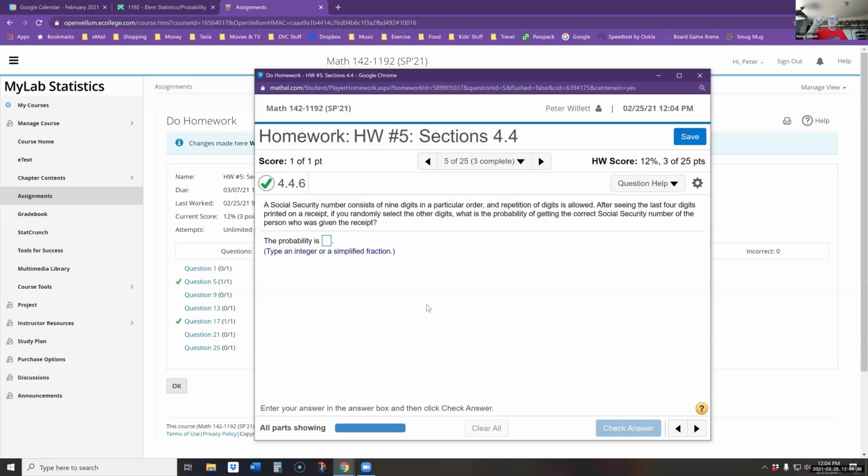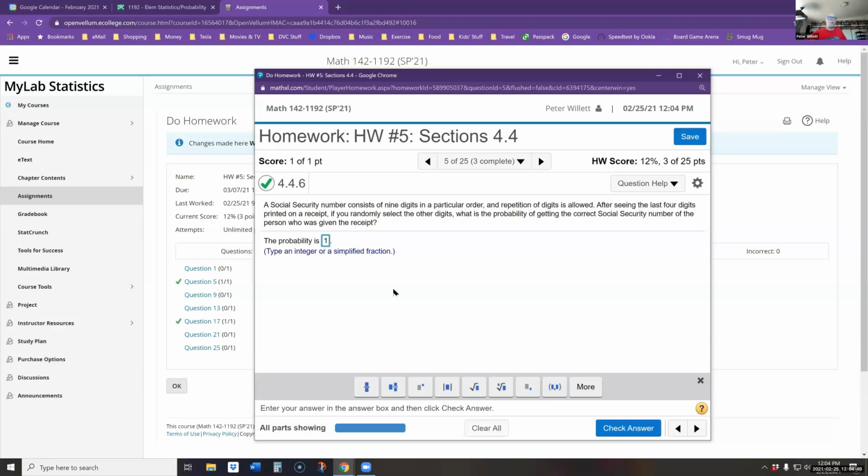Each one has a digit of a number, that's 10 choices. So that means it's 10 times 10 times 10, 5 times, or 10 to the 5th. And the probability of getting it right would be 1, and they want this as a fraction, not as a decimal, divided by 10 to the 5th, which is a 1 with 5 zeros. So that's all you do here.